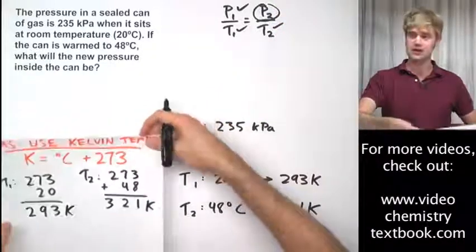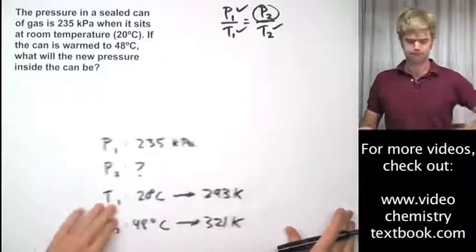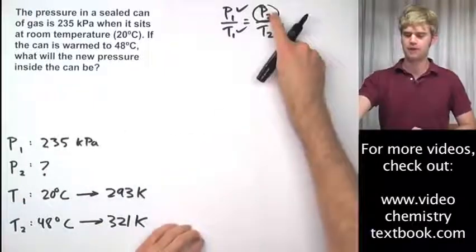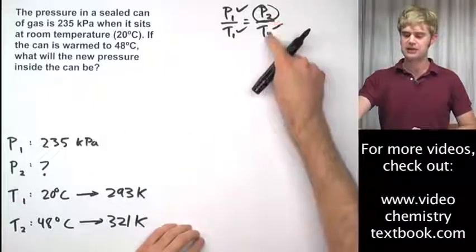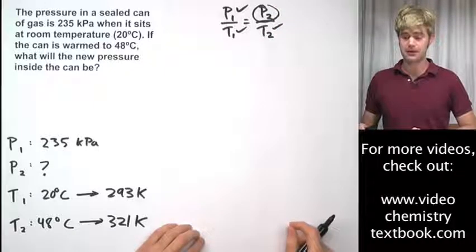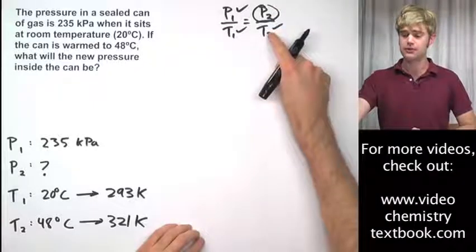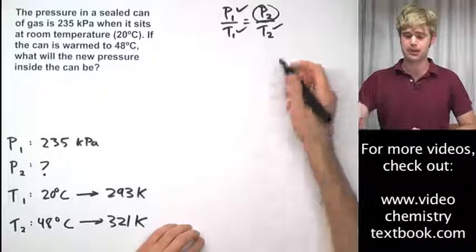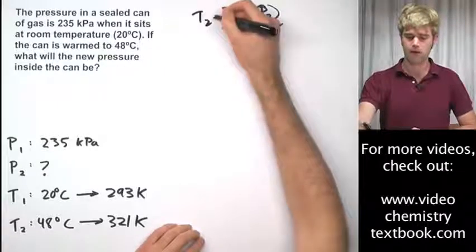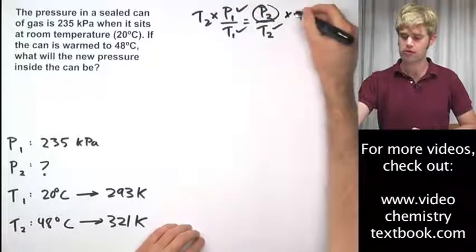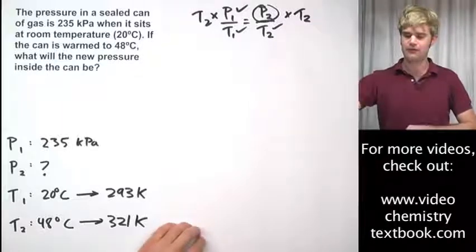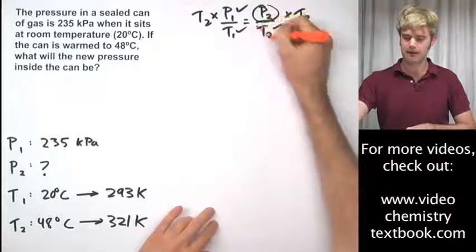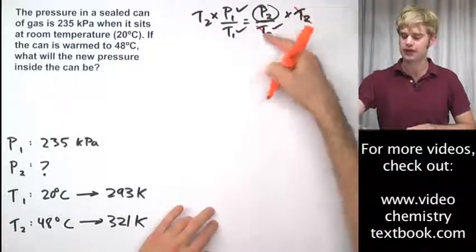Okay? So now that we've got these variables all set, let's go about rearranging this equation to get P2 by itself. The first thing that I want to do to get P2 by itself is get T2 out of the denominator. And I'm going to do that by multiplying both sides by T2. Now I have T2 on the bottom here and on the top of this fraction, so they both cancel out.